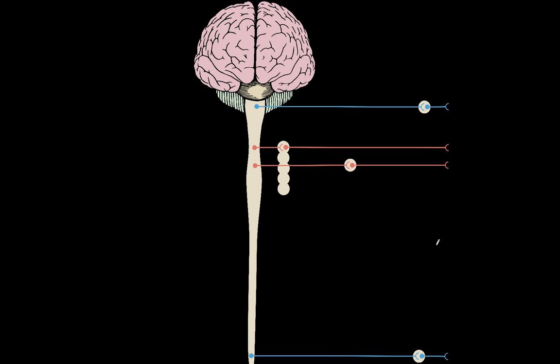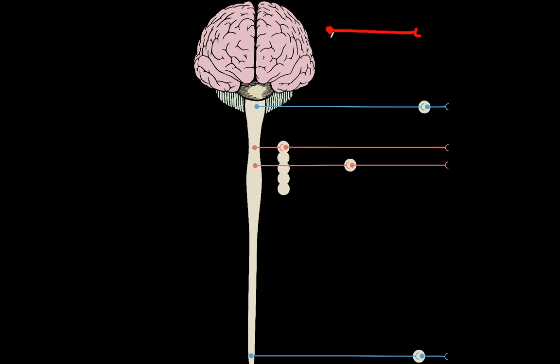So let's look for a moment at how all of this is organized, coming away from the central nervous system. We're going to use this convention now, a ball, a line, and a cup, to illustrate neurons.